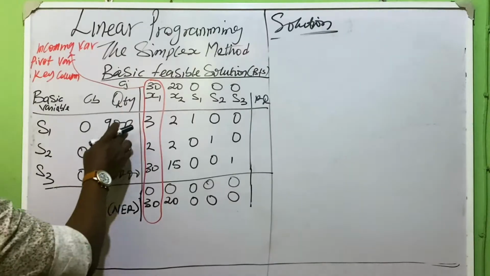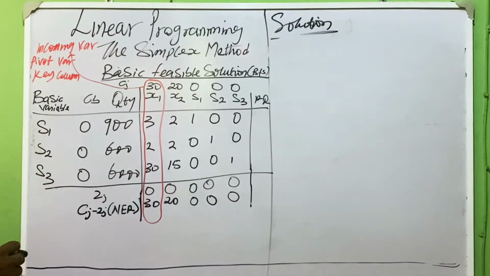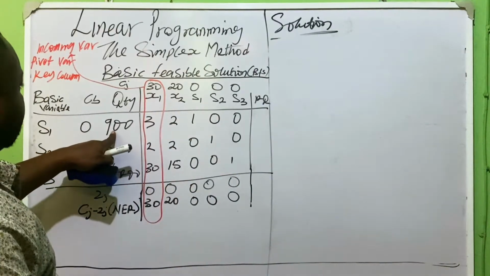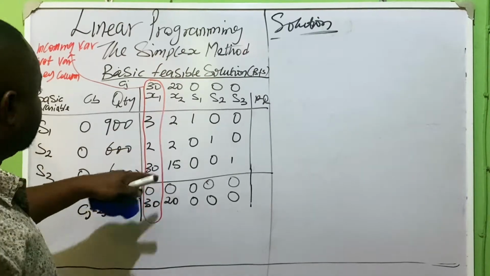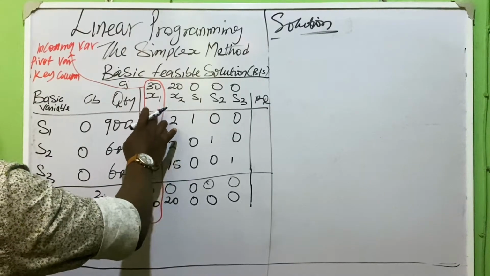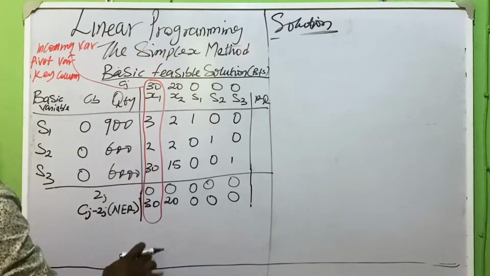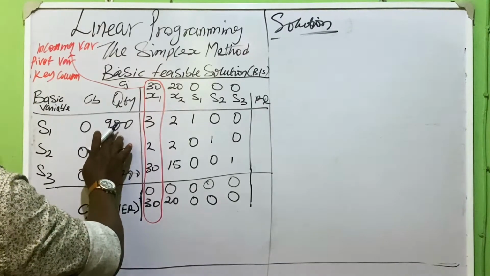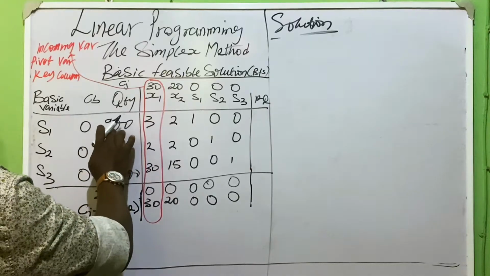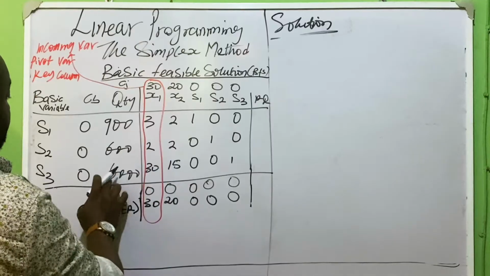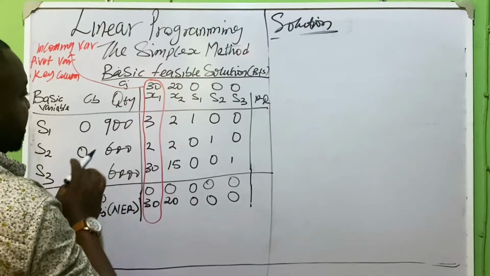We compute the replacement quantity, which is the quantities associated to the constraint divided by the corresponding values in the incoming variable column. So for S1, we'll be dividing 900 by 3. For S2, it will be 600 by 2. And for S3, it will be 6000 by 30.